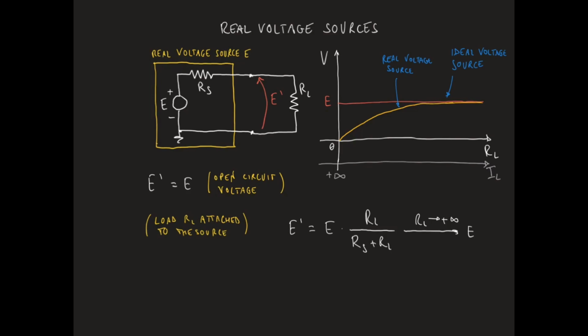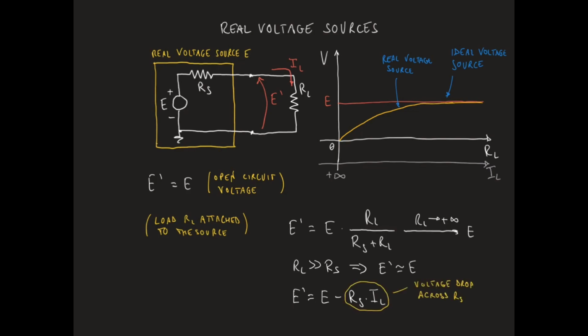More generally, if RL is much larger than the series resistance of the real voltage source, then E prime will be more or less equal to E. Note that if IL is the current provided by the voltage source to the load, then the voltage E prime can be written as E minus the voltage drop across the resistor RS, which by Ohm's law is given by RS times IL.